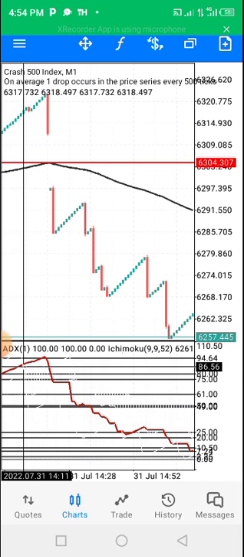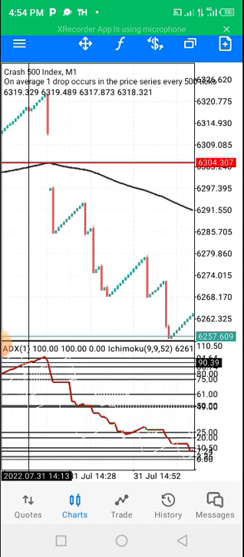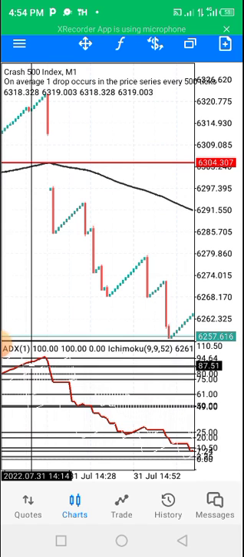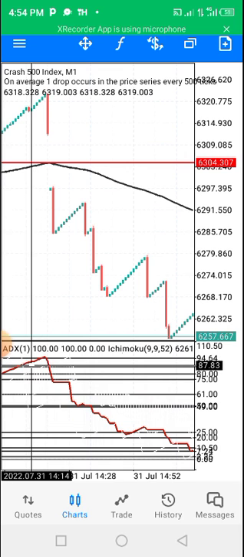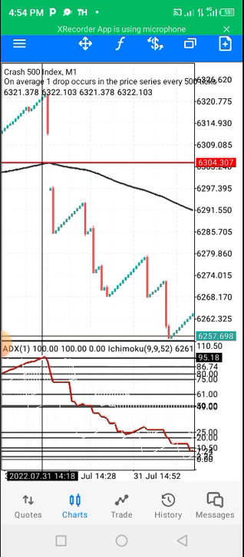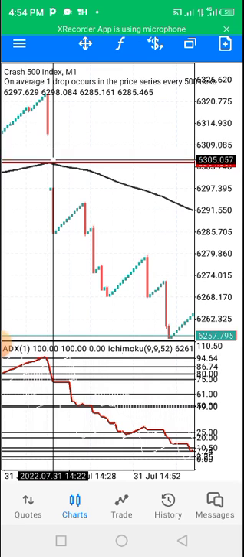The right time is when you see these red lines getting to the level 86. That's when you open your first position. And when it passes the level 86, getting down to level 94, you can open more positions, because when it gets to the level 94, it spikes. As you can see, there was a spike here.